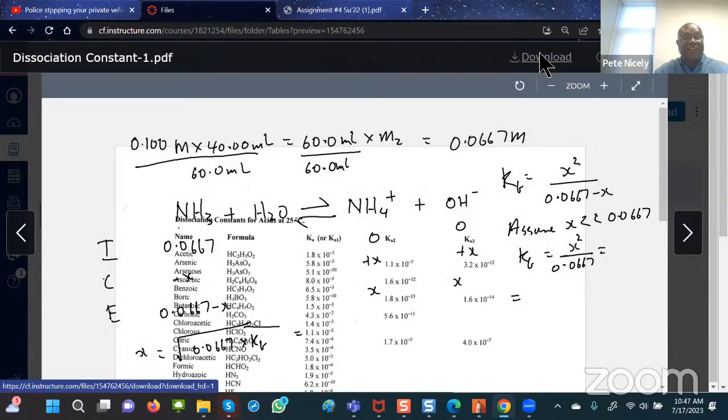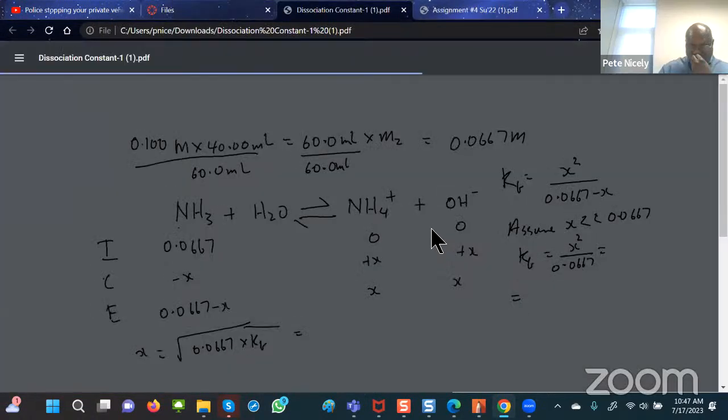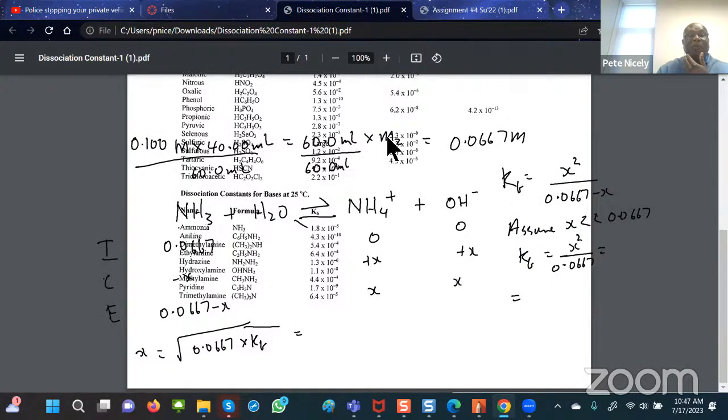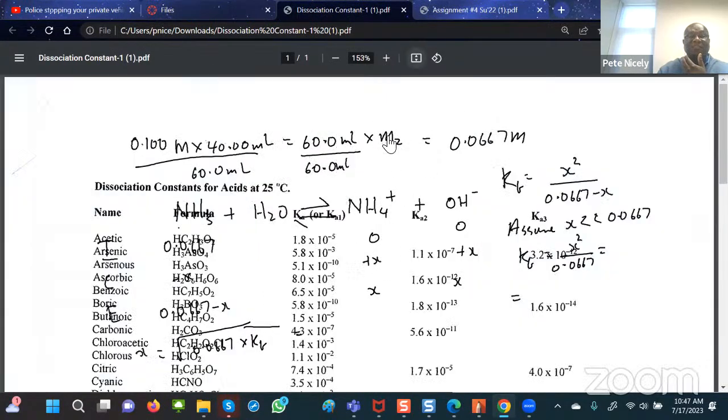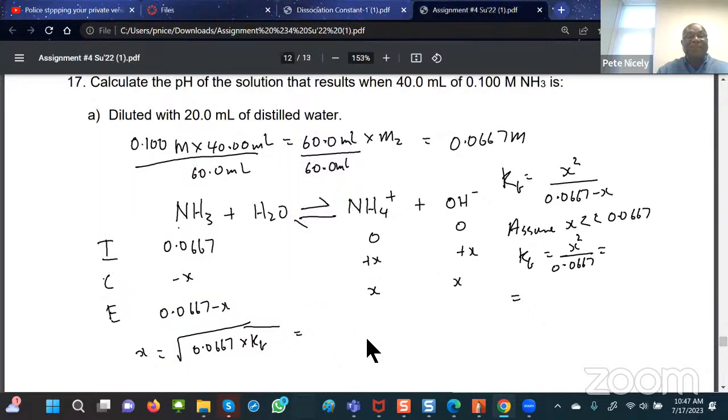Let me download this here. And the bases are listed below, and you see that for ammonia, KB value is 1.8 times 10 to the minus 5, all right? So that's the value of KB that we're going to use here.